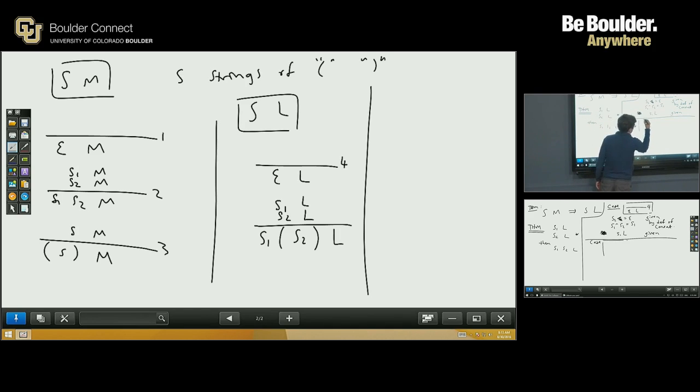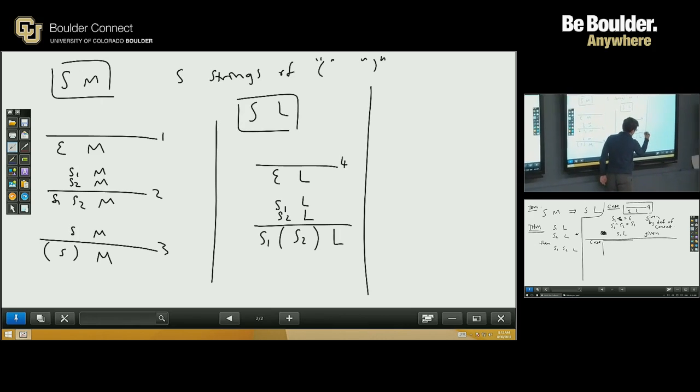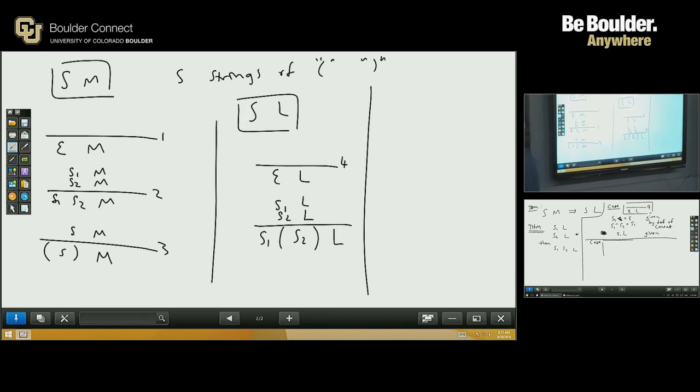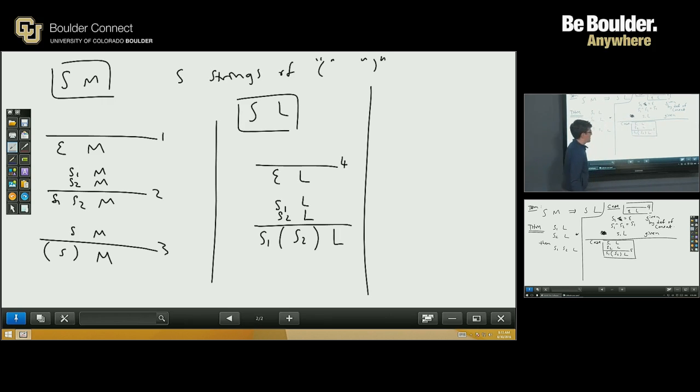Okay, and then what's the other case? We're using rule 5, I forgot to label it. So what does our inductive hypothesis tell us?